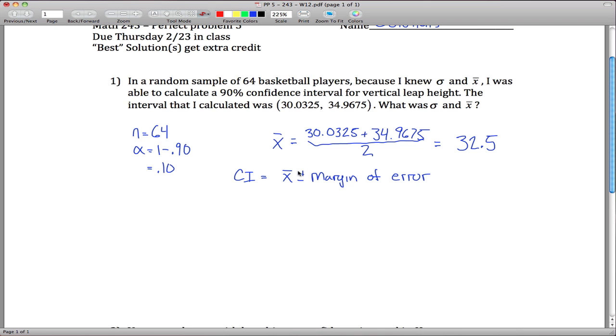We took this x bar, 32.5, and added the margin of error to get to this number. So 34.9675 minus 32.5 is our margin of error. Maybe I should abbreviate that in the future. If you subtract those two numbers, you get 2.4675.